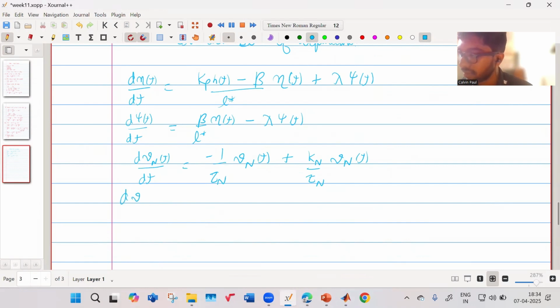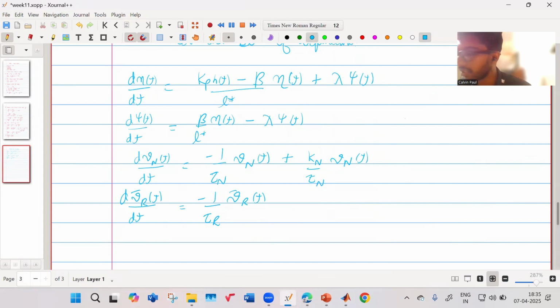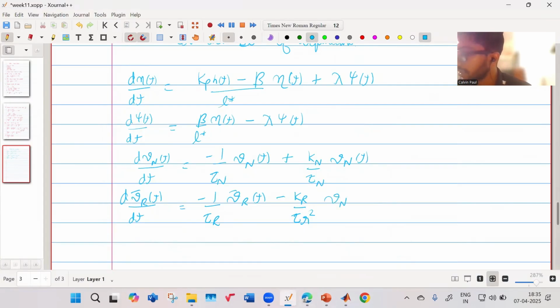Then dVR bar of t upon dt is equal to minus 1 upon tau R VR bar of t minus kR upon tau R square into Vn of t.